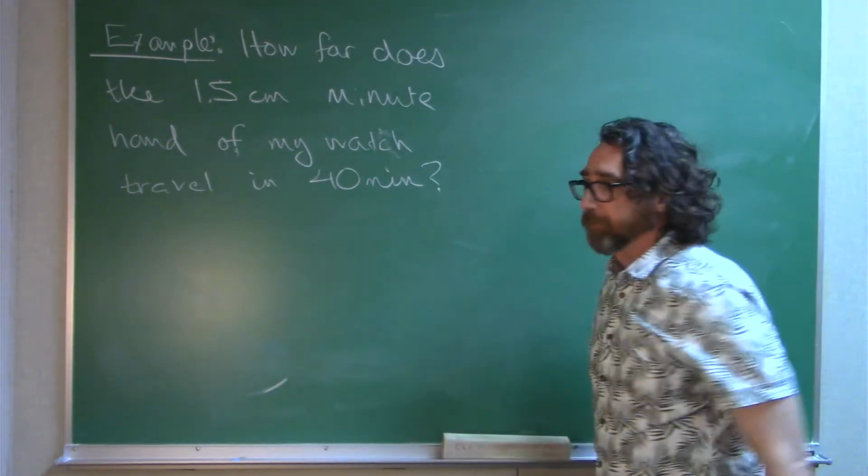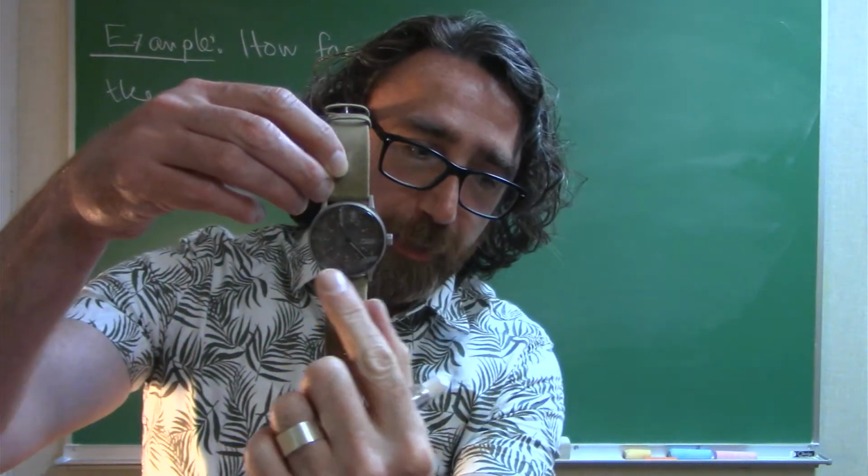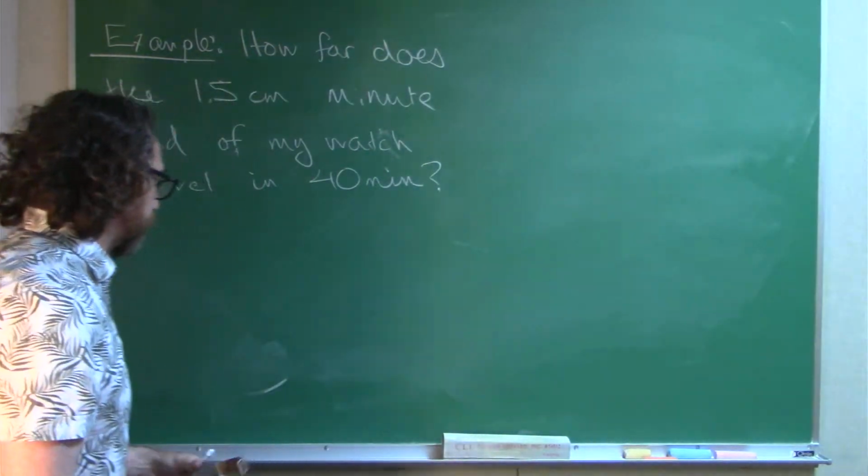Okay, so we're going to let 40 minutes go by. The minute hand is going to move round the perimeter of the circle. How far does the tip move? So that's what we're trying to answer.